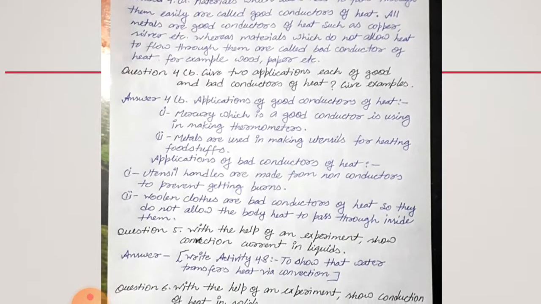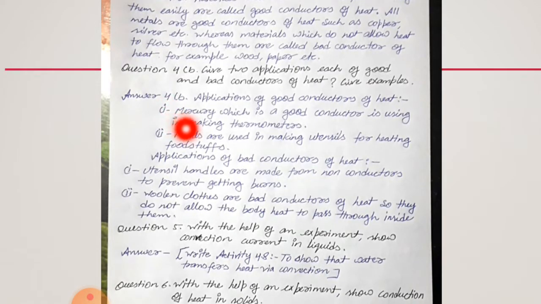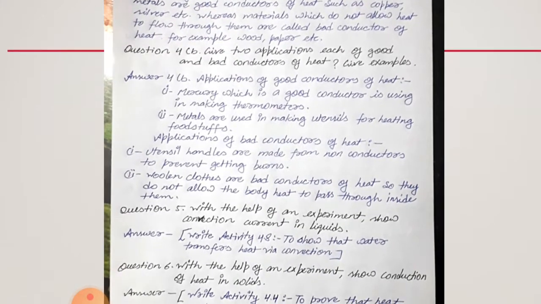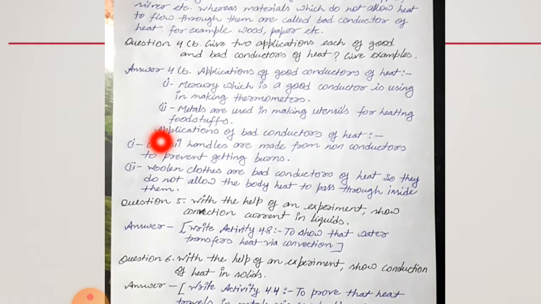Second, metals are used in making utensils for heating food stuffs, means food articles.